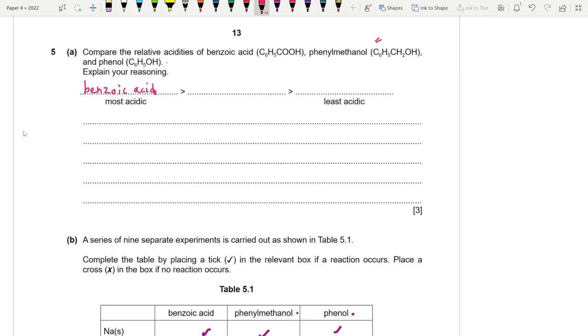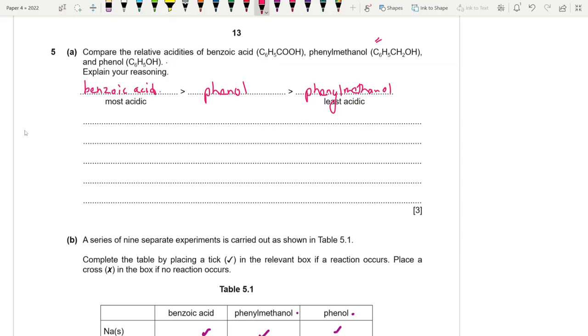So benzoic acid is the strongest, and the aliphatic alcohol, which is phenyl methanol, will be the weakest, and phenol is in the middle because it's an intermediate between an aliphatic alcohol and a carboxylic acid. It's basically an aromatic alcohol, which is why the benzene ring weakens the OH bond, so it facilitates the removal of the H plus, right?